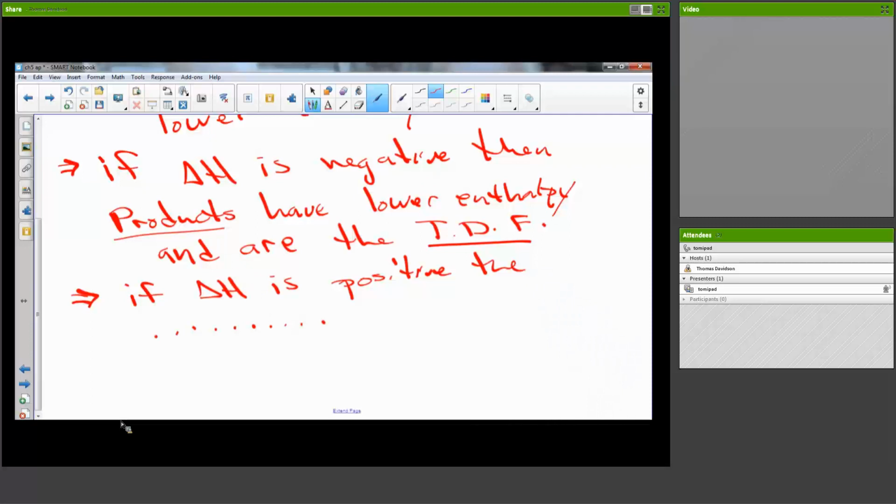TDF means thermodynamically favored. All right.